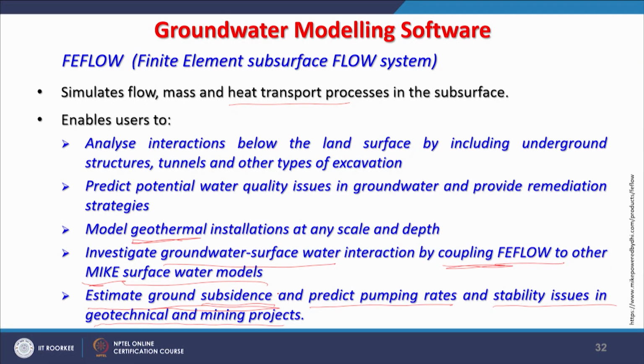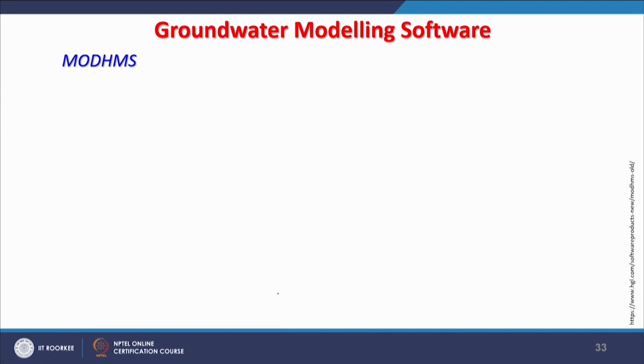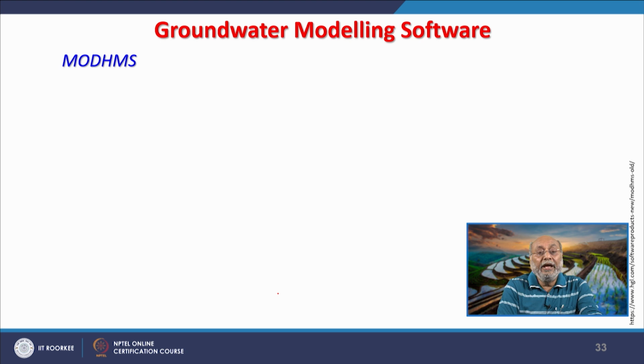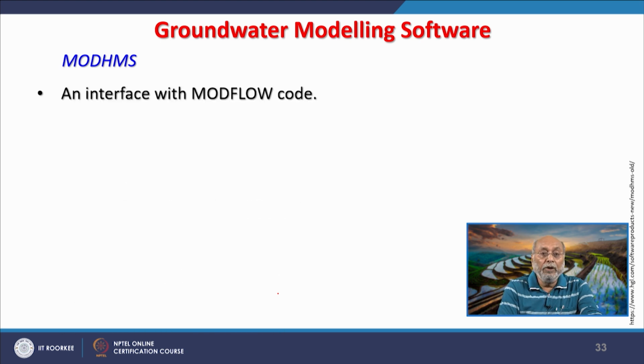But by the SAR interferometry technique, we can validate the results of this kind of flow model, which is good for ground subsidence estimations. Another one is MODHMS. This is an interface, again, with the MODFLOW code.